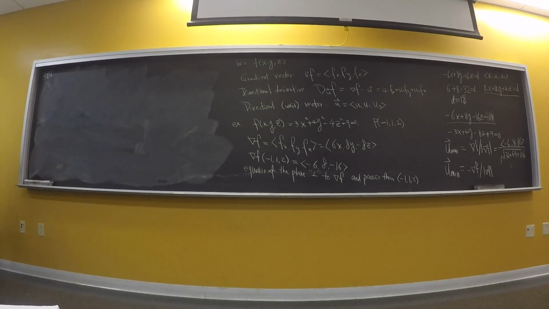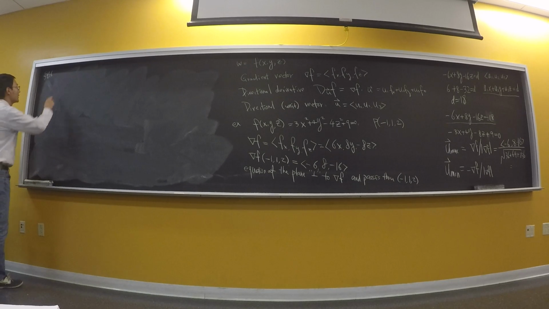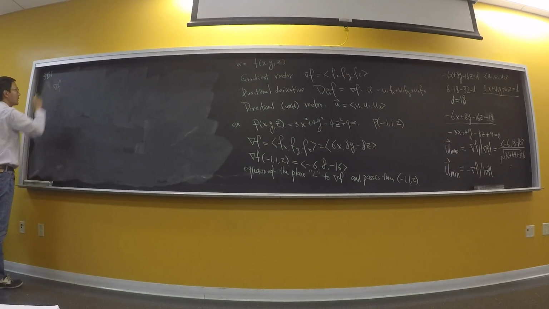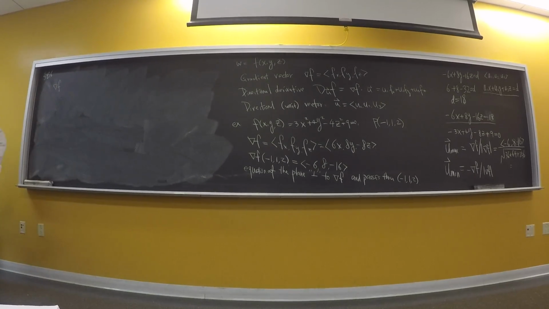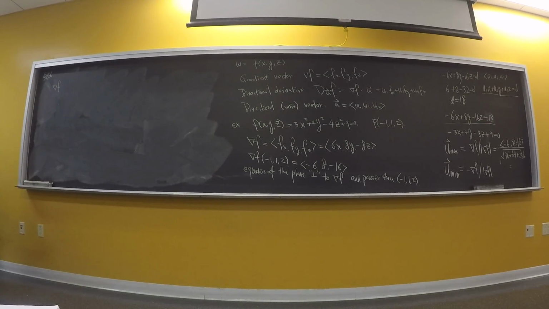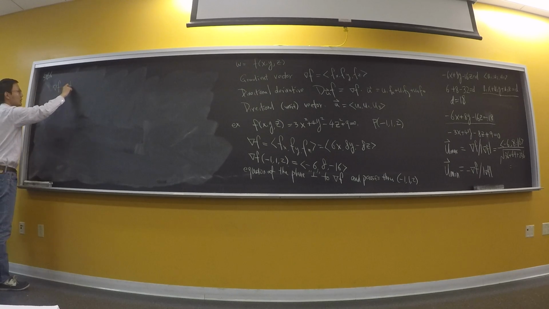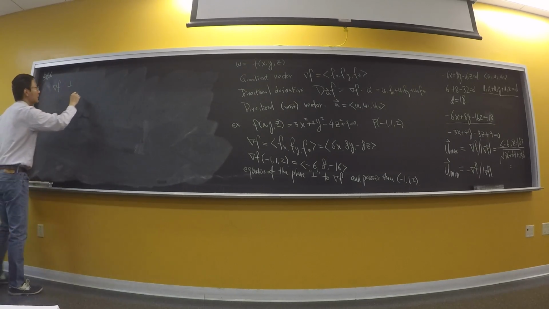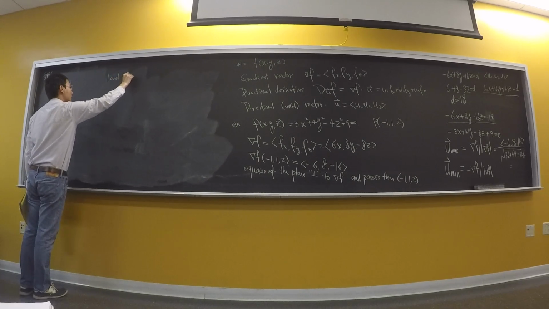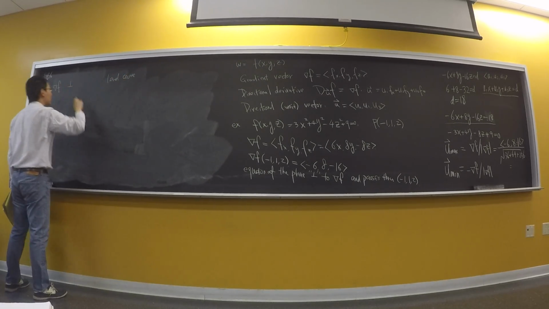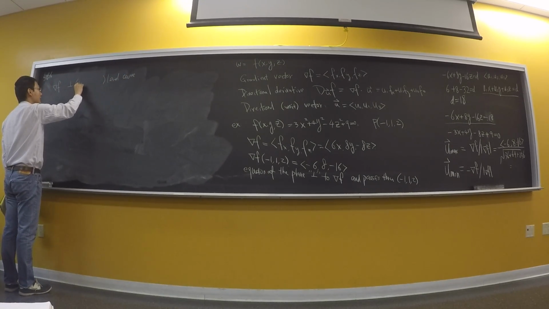What's the property we proved? Still remember? So the gradient vector is always orthogonal to the level curves, right? More strictly speaking, it's the tangent lines.